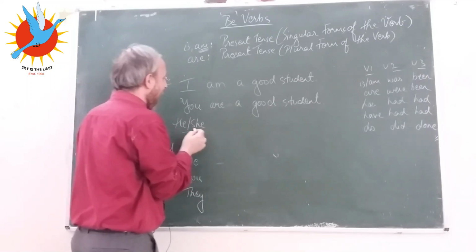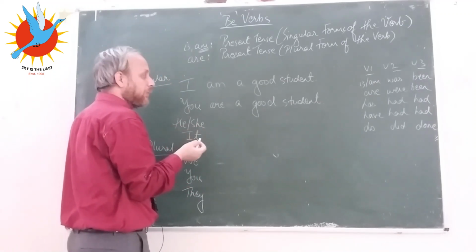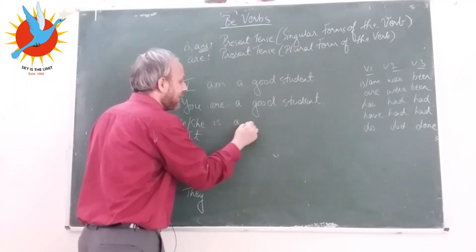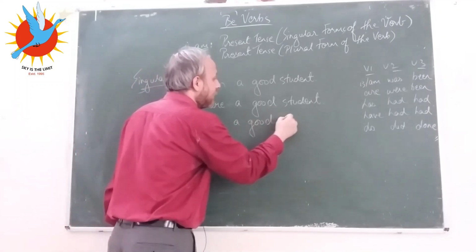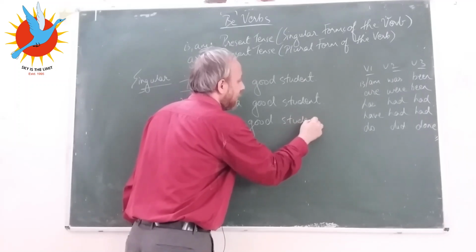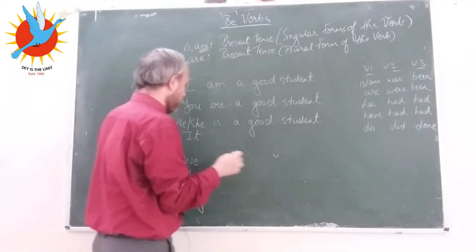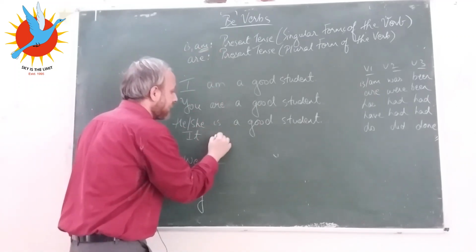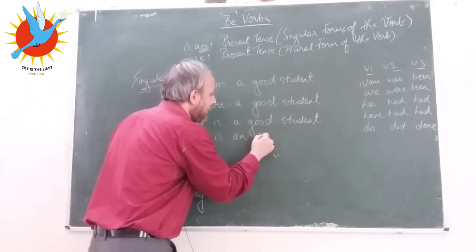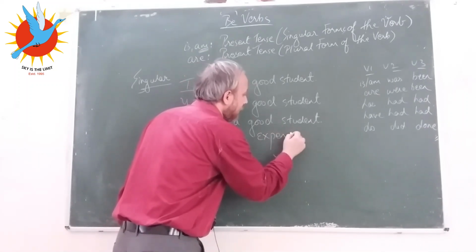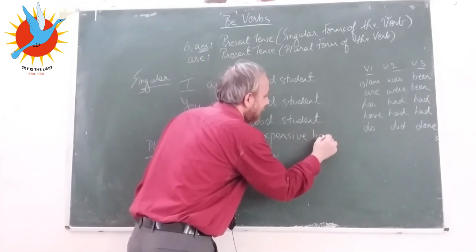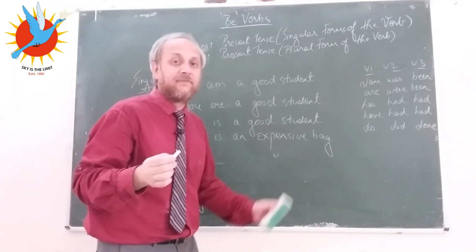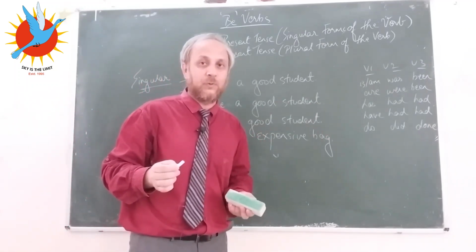And with he, she, you will use is. He or she is a good student, full stop. With it, again we will use is. It is an expensive bag, full stop.